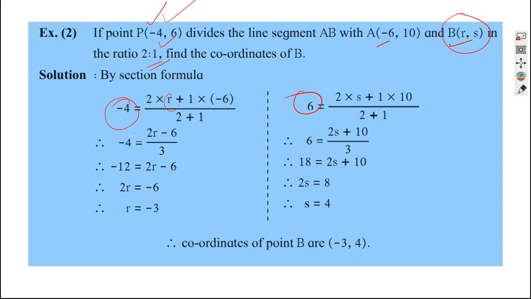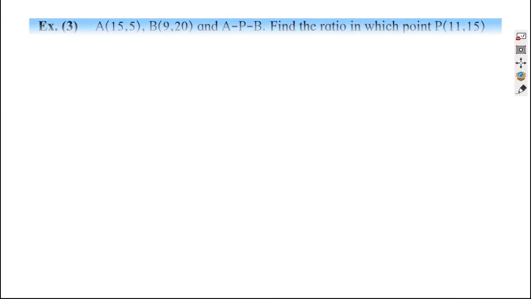What is not given is the coordinates of B. You will get the coordinates of B respectively. Section formula is used normally to find out the point P, which is either in the middle or in a particular ratio. But here the P coordinates are given, so naturally you will find out B.